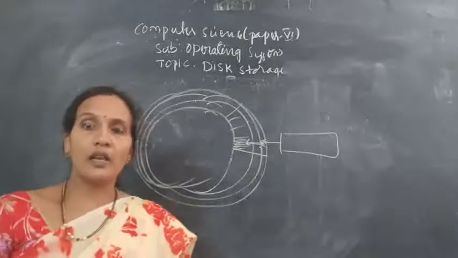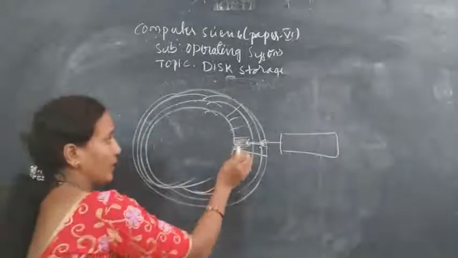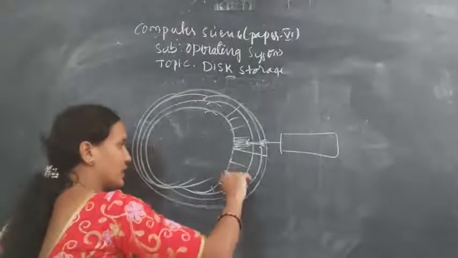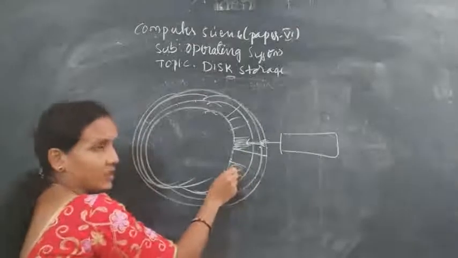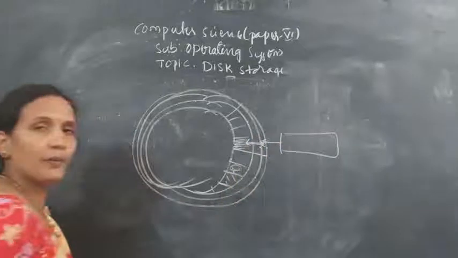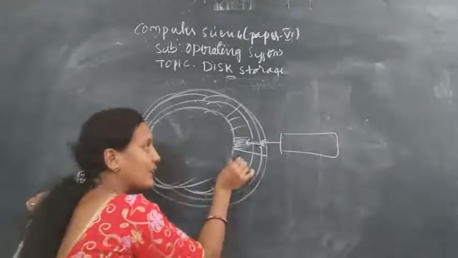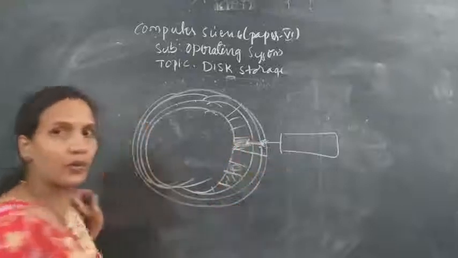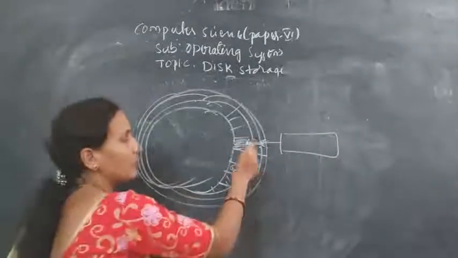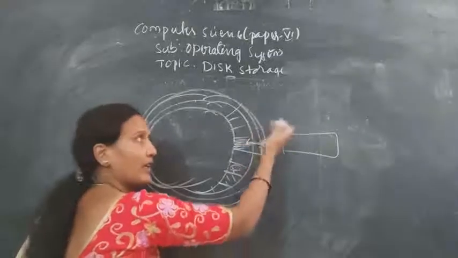Clear? And one more point. For example, if you want to read this content, here you have 3-4 sectors and your content is in this sector. When the boom moves the read and write head, this sector should be adjacent to the current sector. The boom moves the read and write head in and out, and the spindle spins the track.